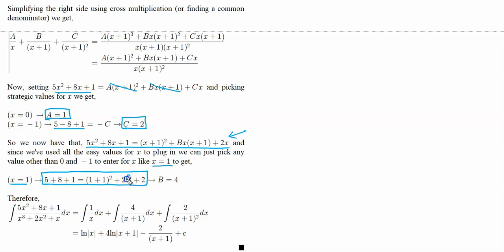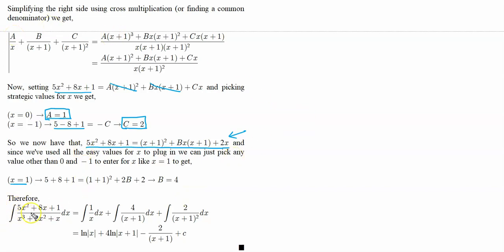And simply solving that for b, that will give you that b equals 4. You can just easily verify that. That's just simple algebra there. And so now we have our partial fraction decomposition complete. And so what we can write is this.